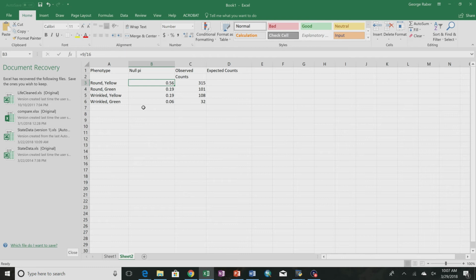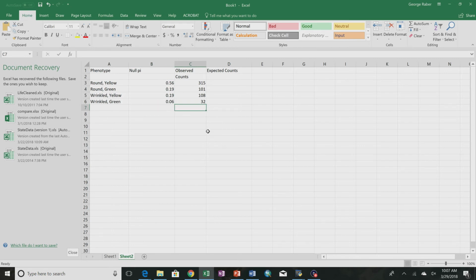And so the general formula for this is to calculate the total number of values and multiply that by the null proportion in each case, the expected proportion.